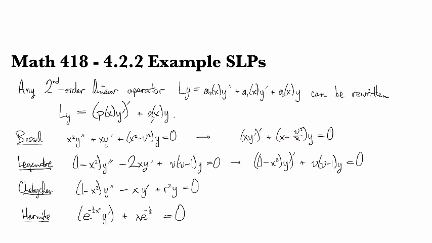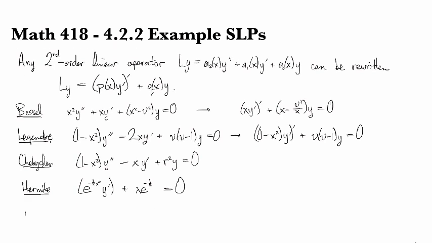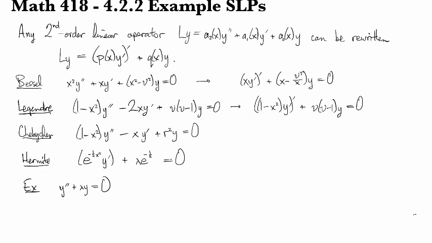Okay, so let's look at a particular example, and we'll consider y double prime plus lambda y equals 0. And let's do this on the unit interval here.